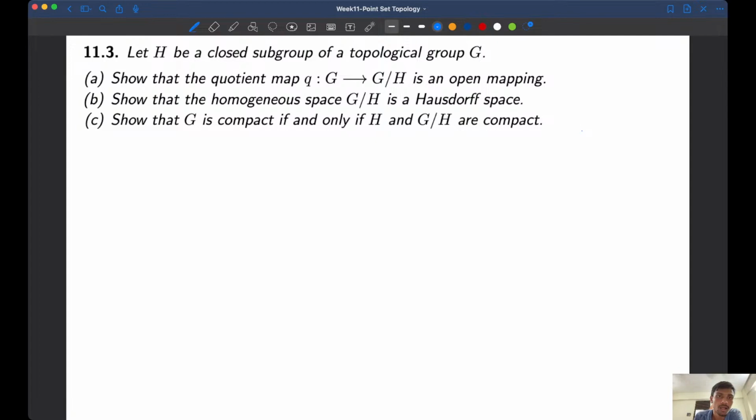If you have a topological group G and H is a subgroup of that, then the quotient map is always an open map. So can you see why? To show this is an open mapping, what do you need to show? If you pick an open set in G, you have to prove Q(U) is open.